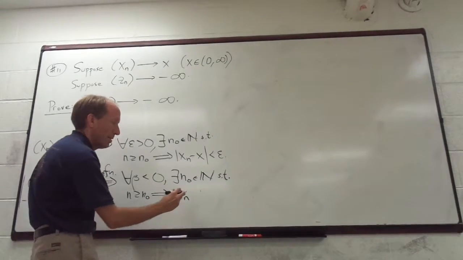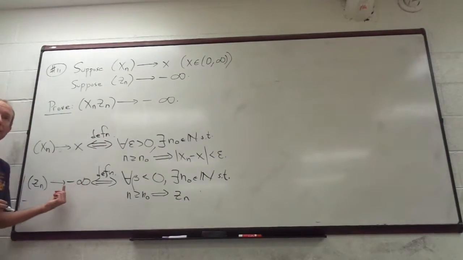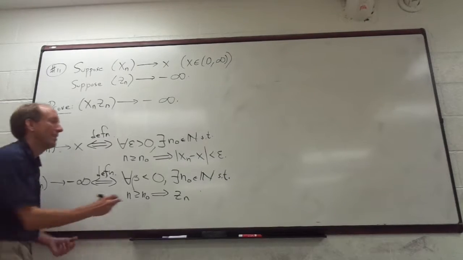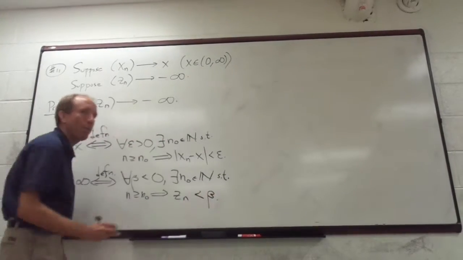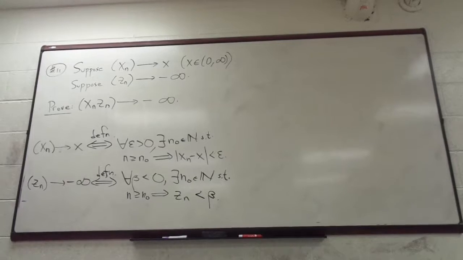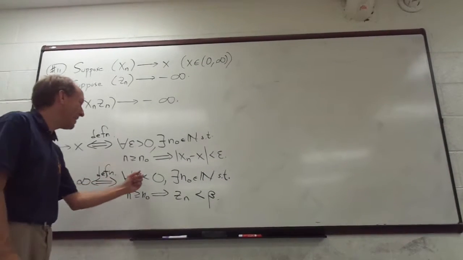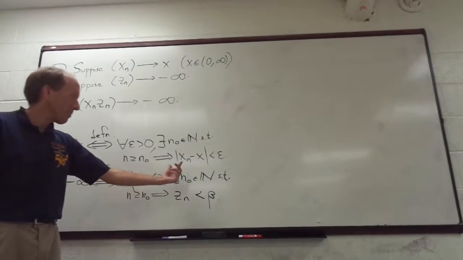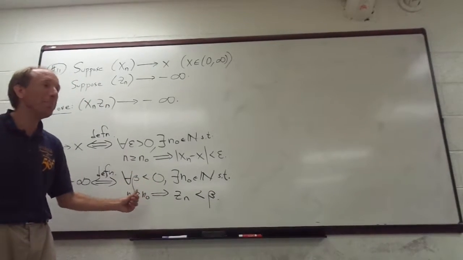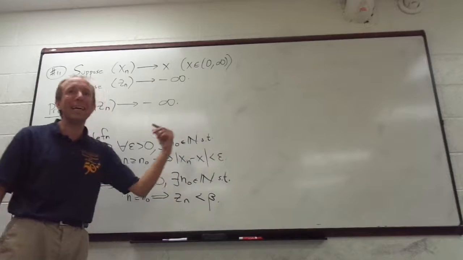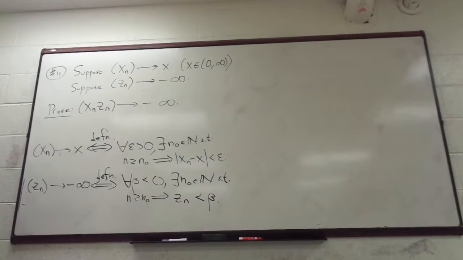Is it greater? Think about it: you're going to minus infinity, so less than beta. Okay, glad we reviewed that. That's the definition. If we take any negative number, beyond the n naught term the sequence is below that negative number. Does that look good?